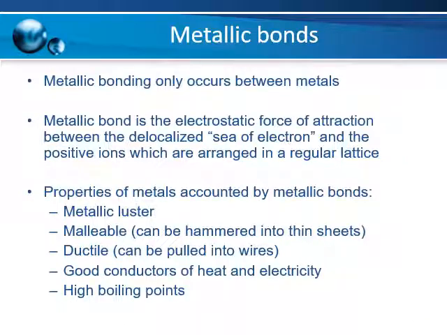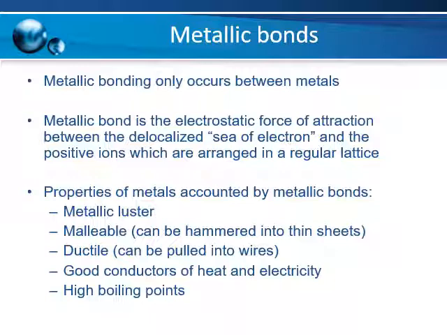Metallic bond occurs between metals, where there is an electrostatic force, which we call a sea of electrons. Normally metals have a few properties such as metallic luster and malleability, where it can be hammered into thin sheets. From thick pieces we can hammer them until they become thin. It is ductile, can be pulled into wire.